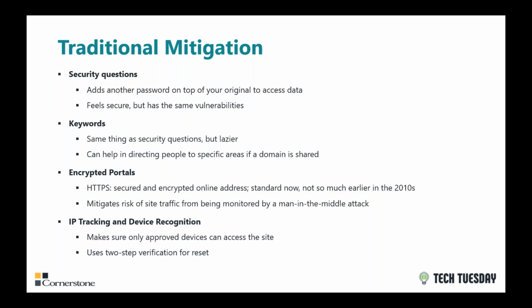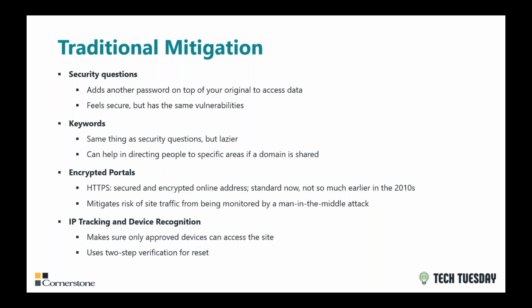So someone trying to look in on that has a much lower chance of seeing what you're actually doing. It mitigates site traffic being monitored by man-in-the-middle attacks, but it doesn't help mitigate things like social engineering or spyware or adware being installed on your system. So it helps prevent people from snooping, but it doesn't help if those snoops already have access to your computer.